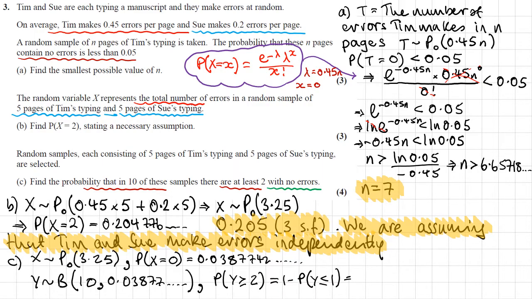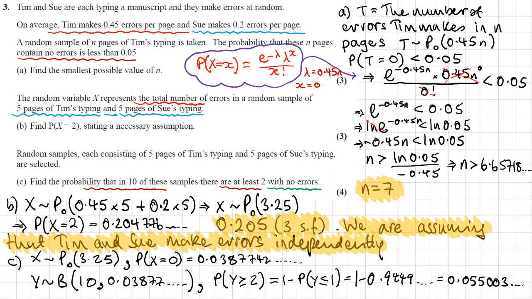So I go to binomial CD, and then I actually pressed the answer button when it was asking for the probability. N was 10 and x is 1, so it's going to be 1 minus, and I get 0.9449 and so on, and that gives me 0.055003 and so on.